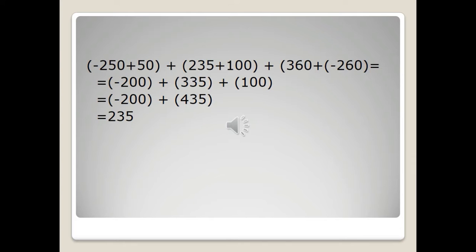Next, bring down negative 200 and add 335 plus 100 since they have the same sign, so 435. Lastly, negative 200 plus 435 is equal to positive 235. Since they have different signs, we just subtract them.